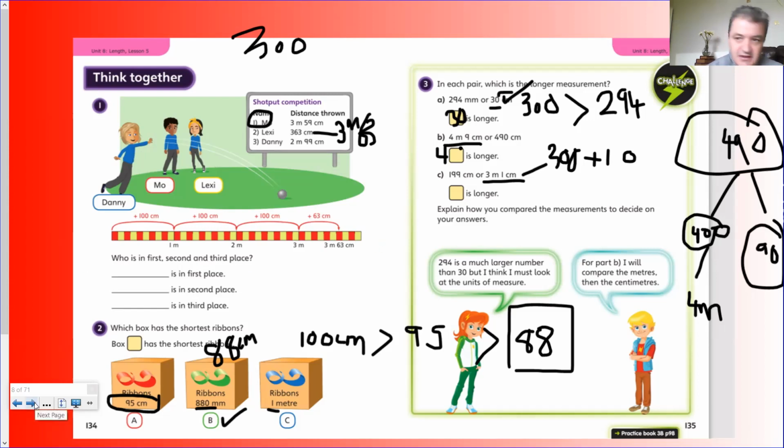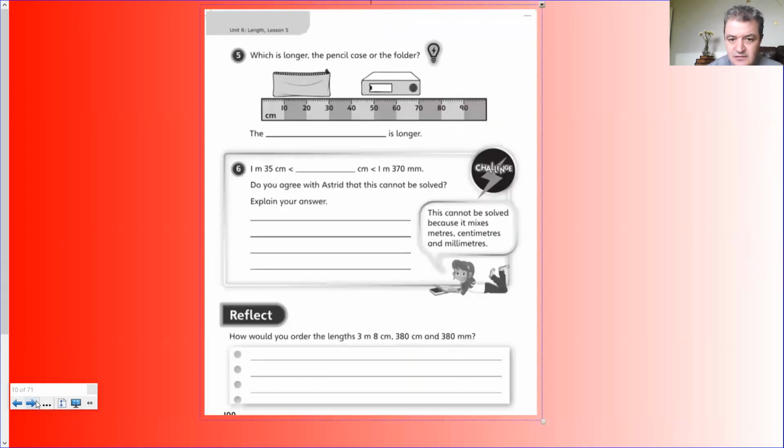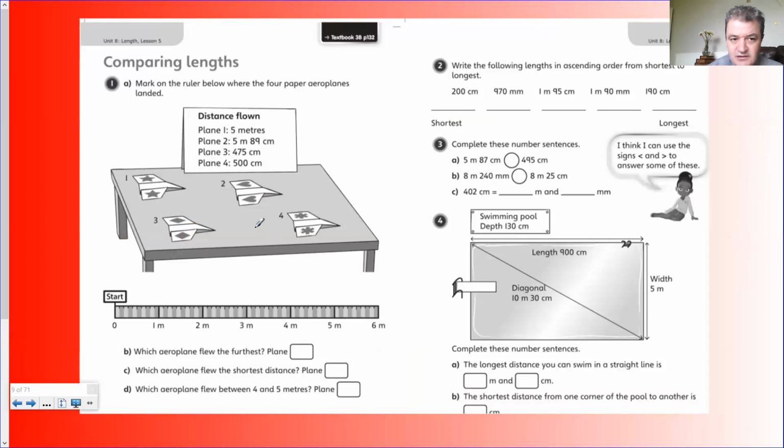Okay, it's going to be over to you now. What I've got is textbook 3B, page 132. Oh, sorry. It's this page here, page 98, and then 98, 99, and 100.